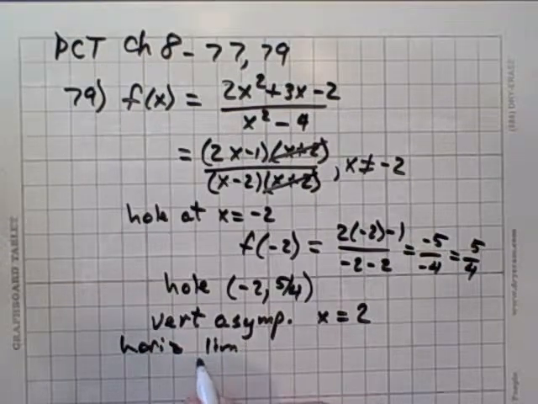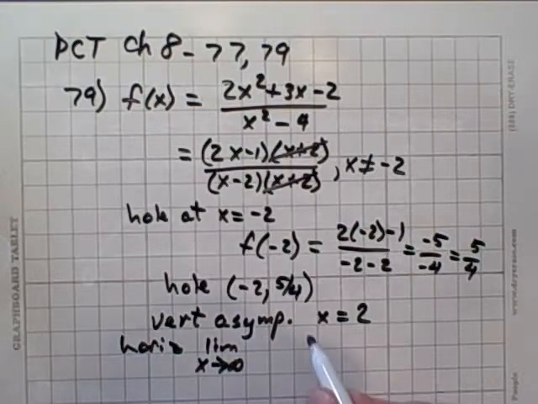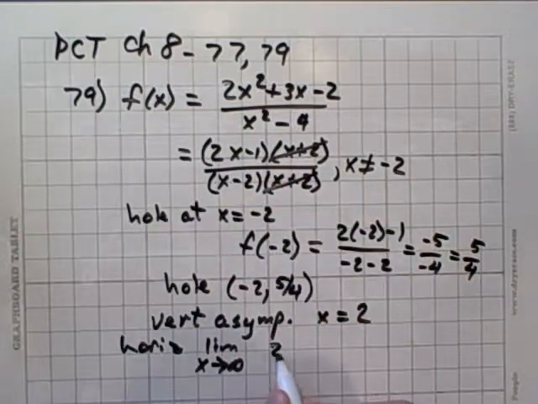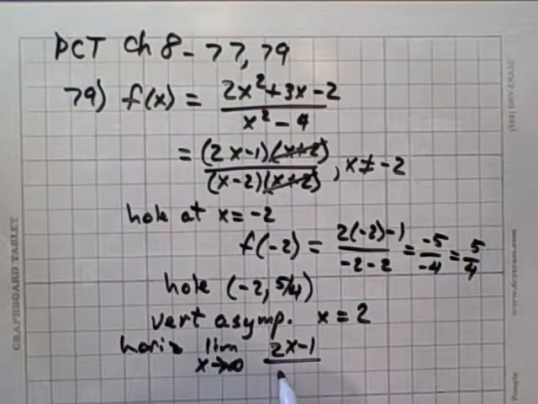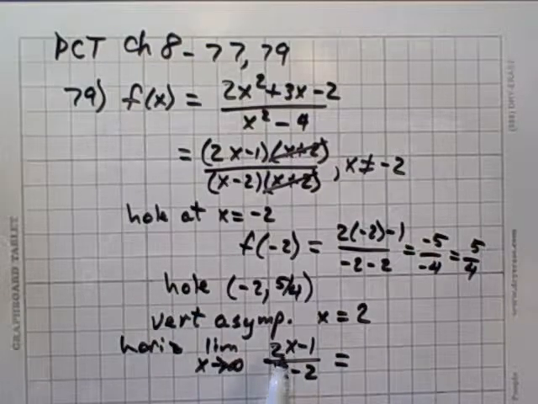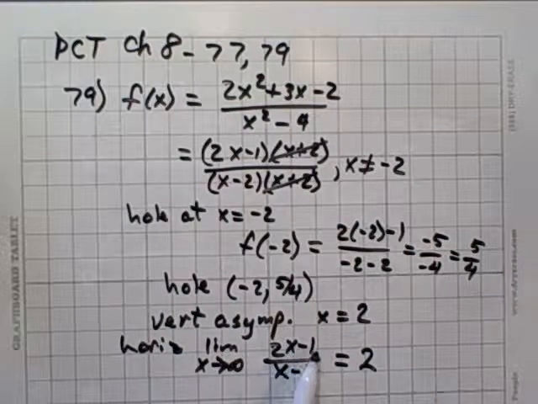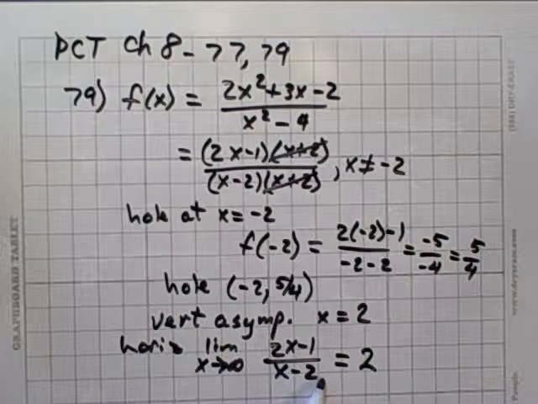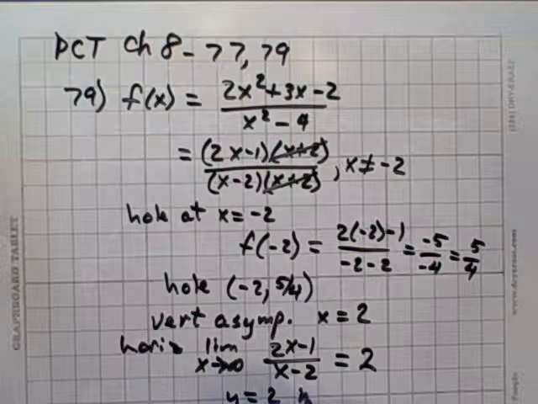The limit as x heads towards infinity on that which is left, so 2x minus 1 over x minus 2. If we consider dominant terms, it would be the 2x over x. We can tell it's heading toward 2. Of course, I prefer that we divide each term by x and show that work. But it is true that y equals 2 is the horizontal asymptote.